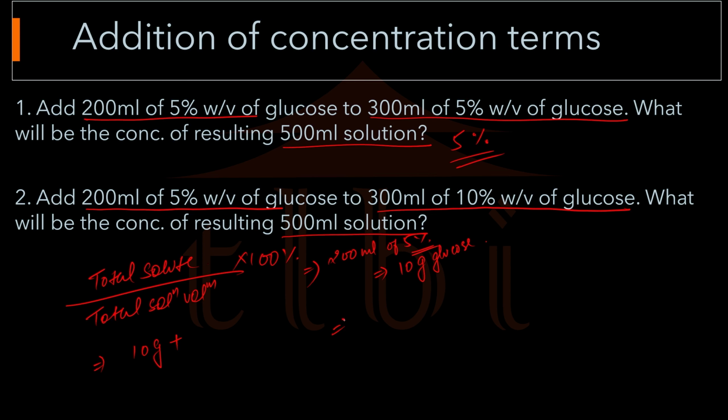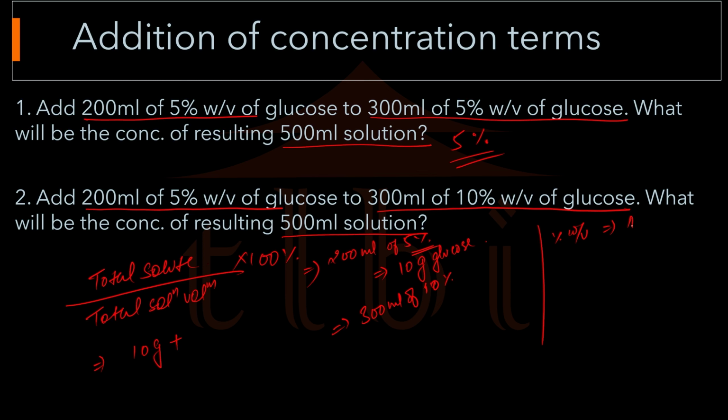What about the second one? 300 ml of 10%. How much is this one? So let's calculate this one, let's reinforce your practice. So how do we calculate percentage weight by volume?